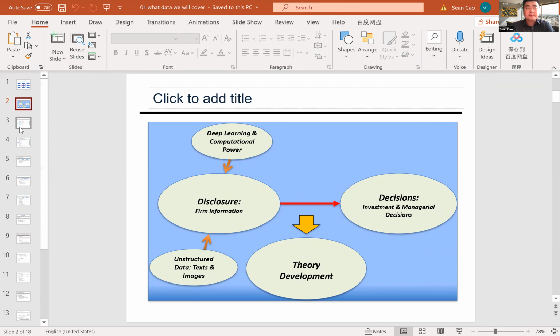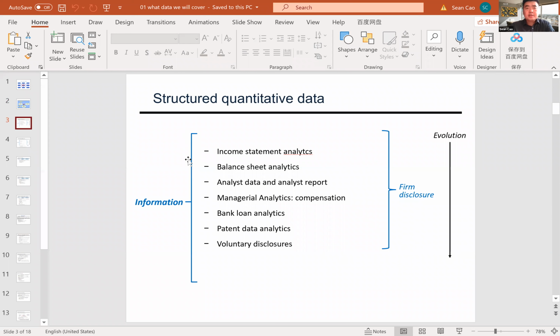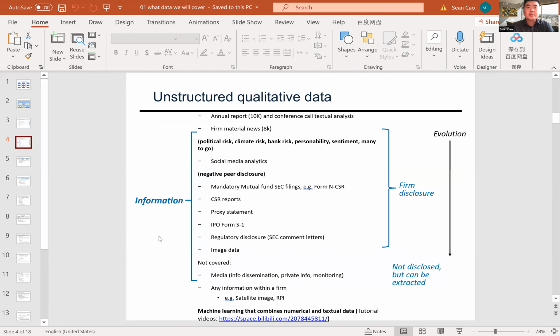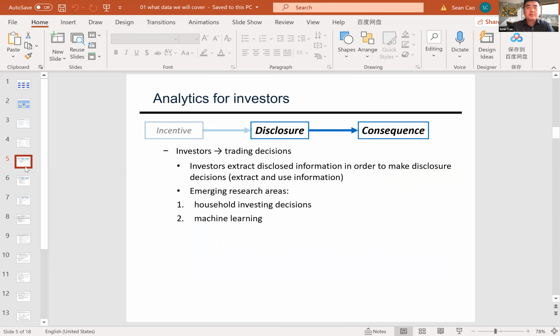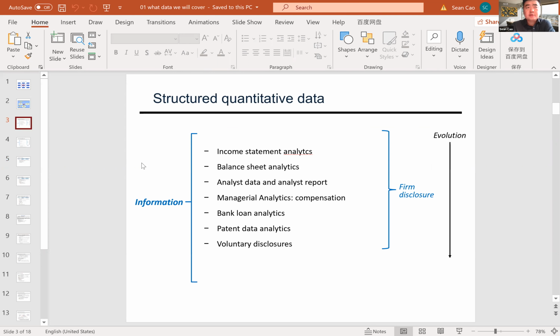And the course curriculum. In the next two slides, I will talk about several important things. The first is what kind of data we are going to cover in the class, and how we are going to use each of the data.